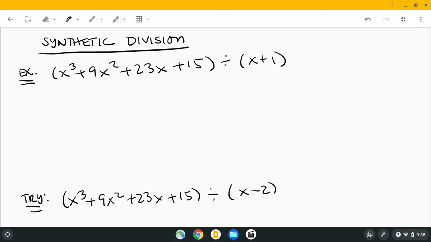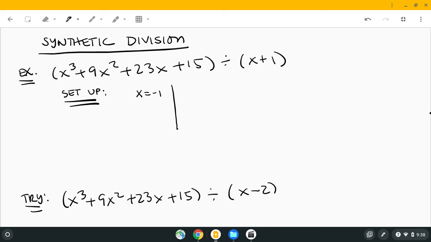Okay, so here's the setup. You're going to have this line, and on the left side over here is going to be the solution to this little binomial. So that's going to be x equals -1, right?